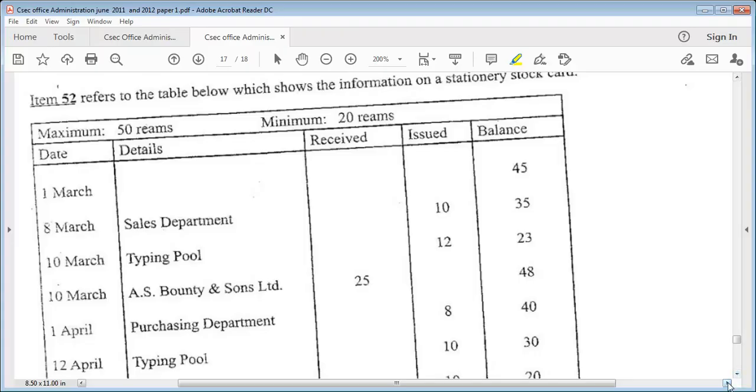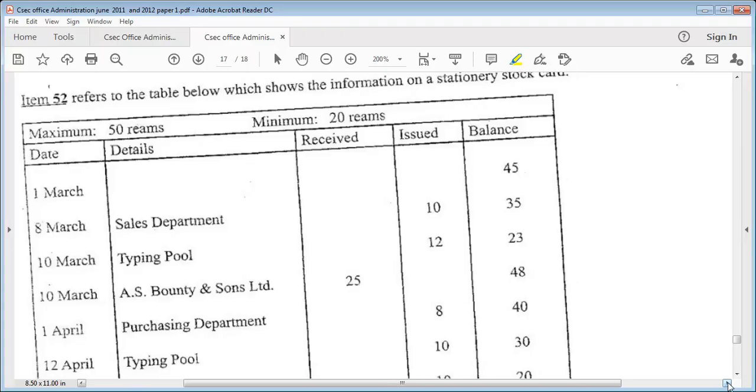Then on the 8th, sales department issued 10, so 35 was left. Then on the 10th of March, typing pool issued 12, 23 was left. Then on the 10th of March, AS Bounty and Sons Limited received 25. So the amount that was balanced would have been 28. Okay. Then on the 1st of April, purchasing department issued 8.